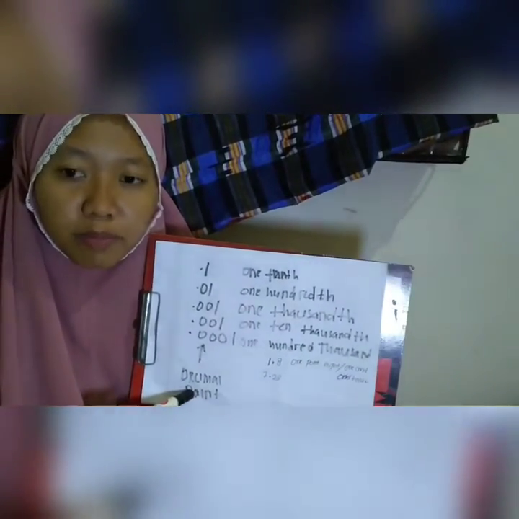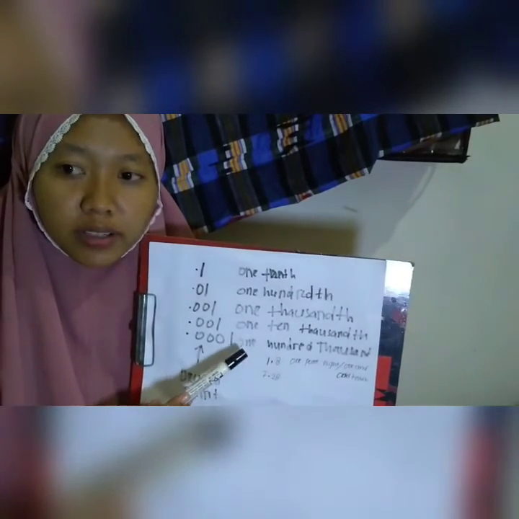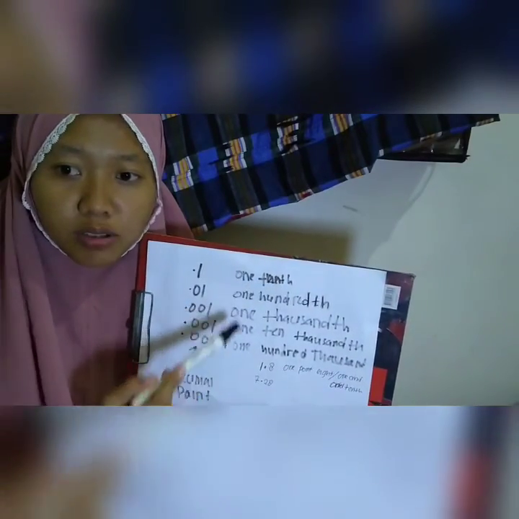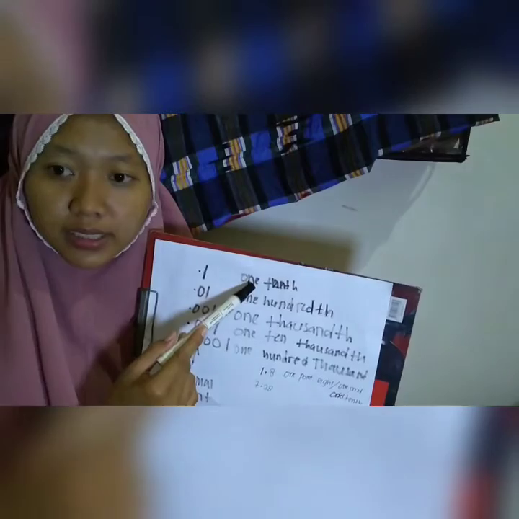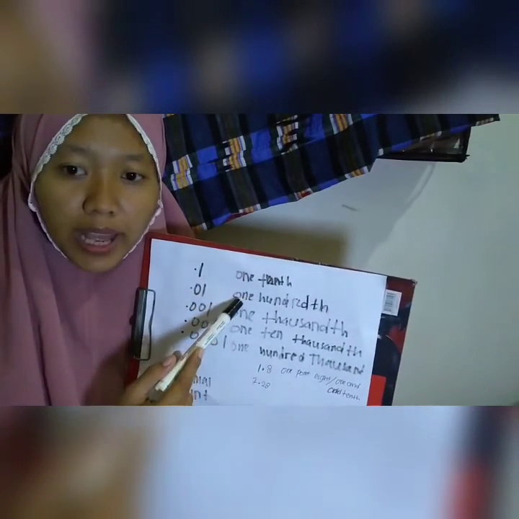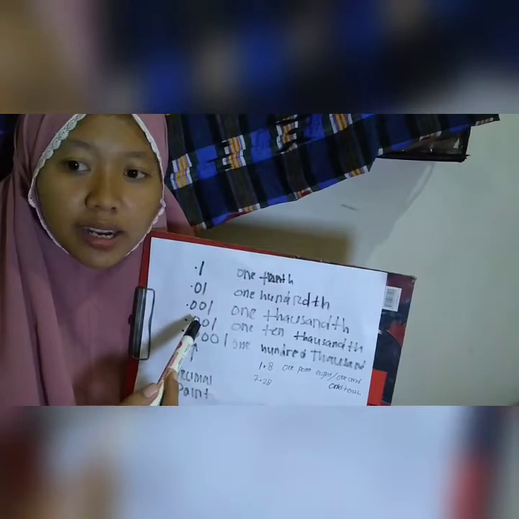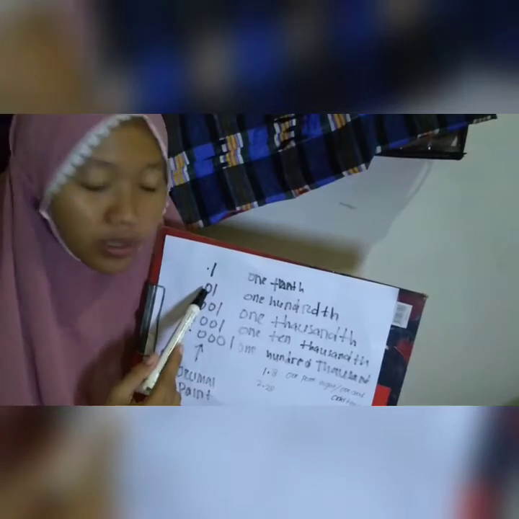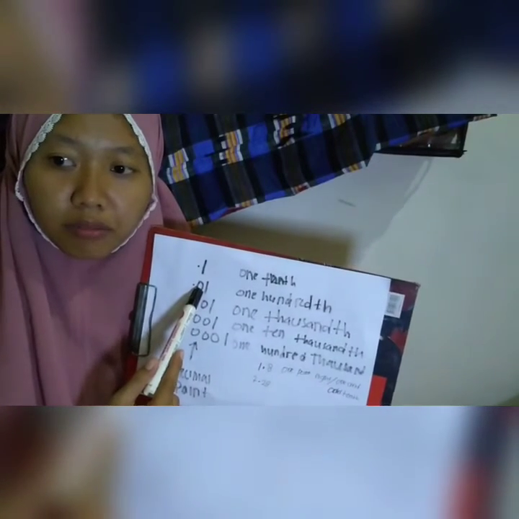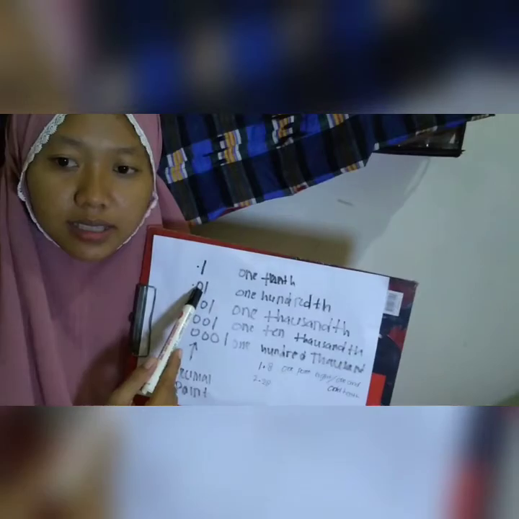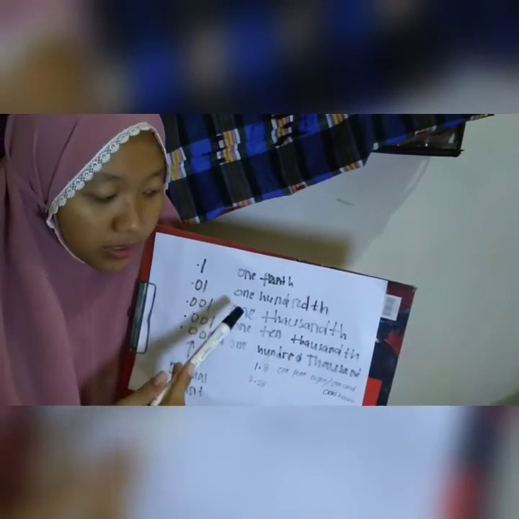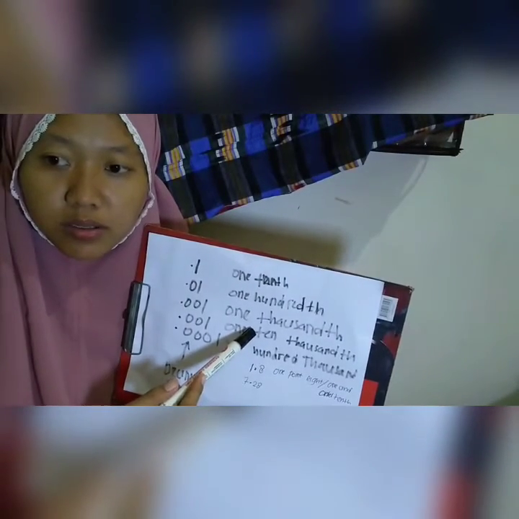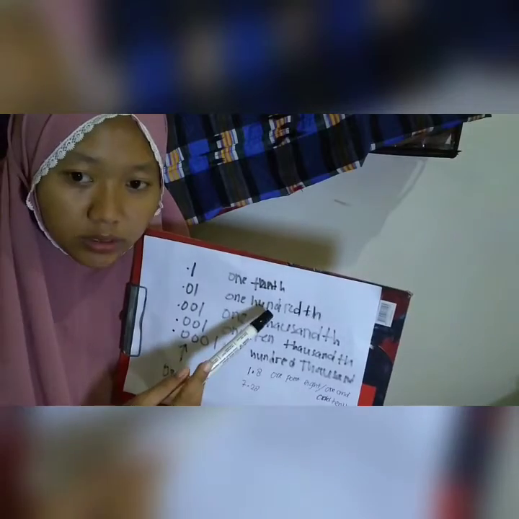The first place to the right of the decimal point is called the tenths place. The second place to the right of the decimal point is the hundredths place. The next is the thousandths place.